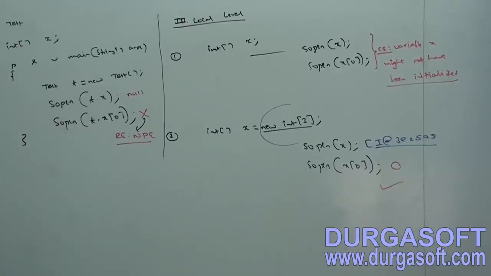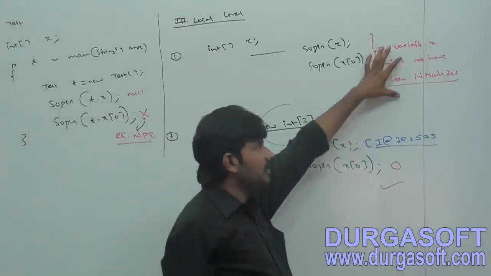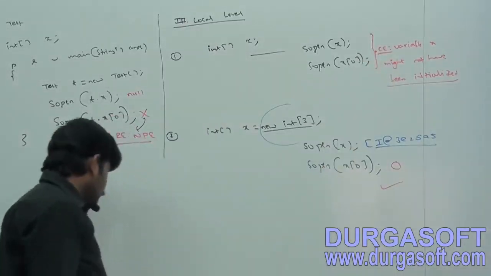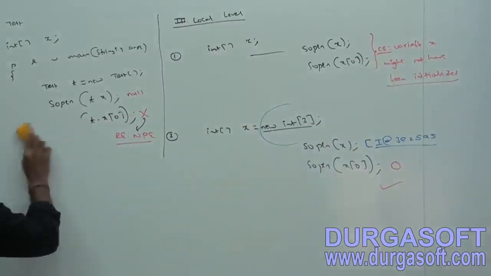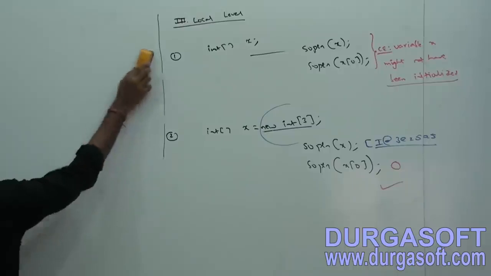Int array x. Variable x might not have been initialized, compile time error.